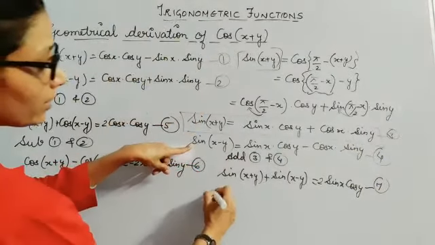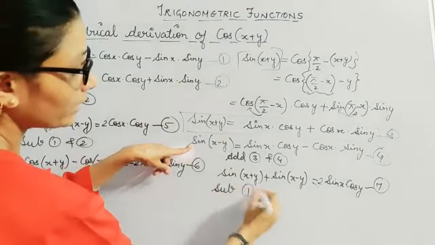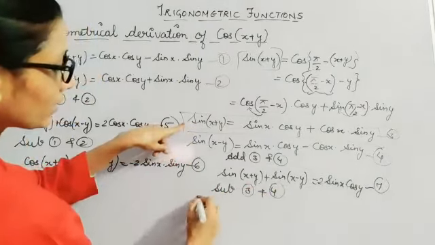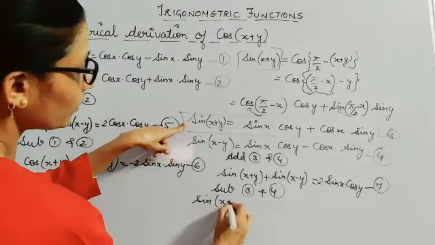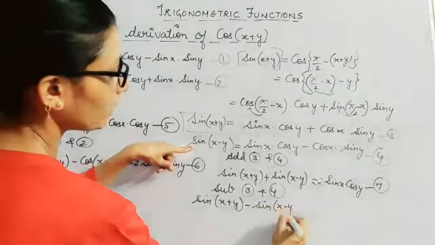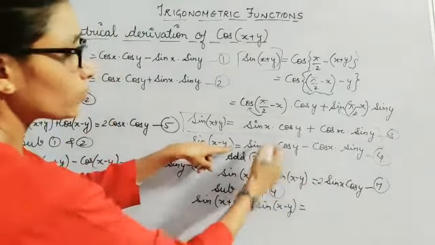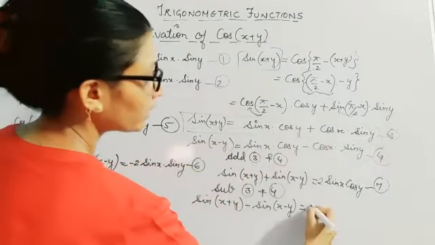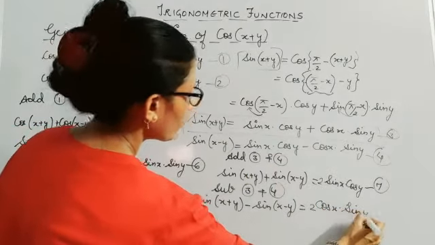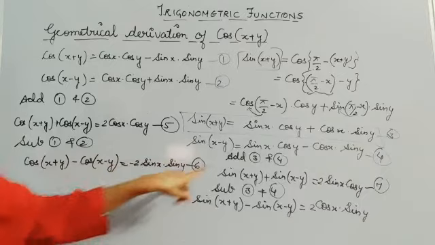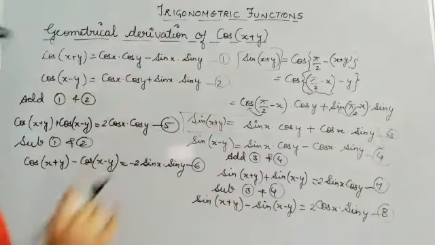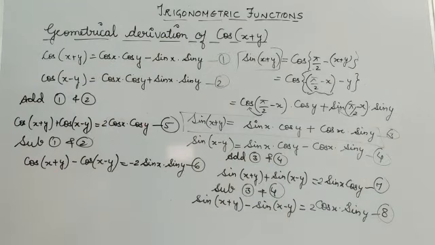Then again, one more time I will be subtracting 3rd and 4th. So I will be getting sine(x plus y) minus sine(x minus y) equal, this will get cancelled, and here I will be getting 2 cos x into sine y.